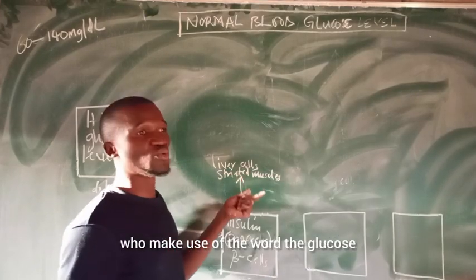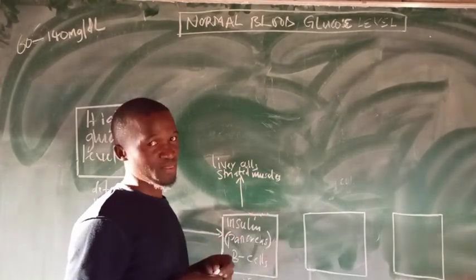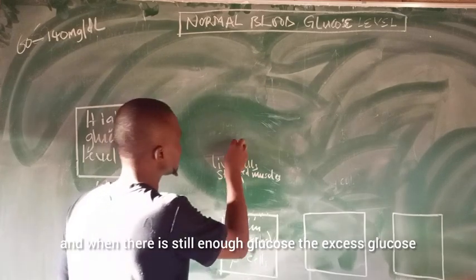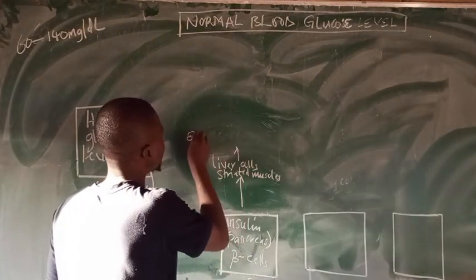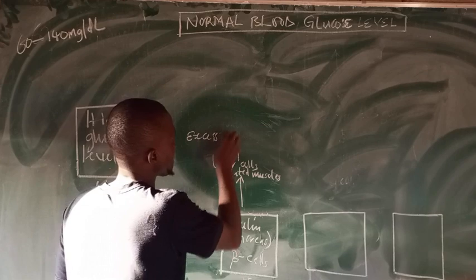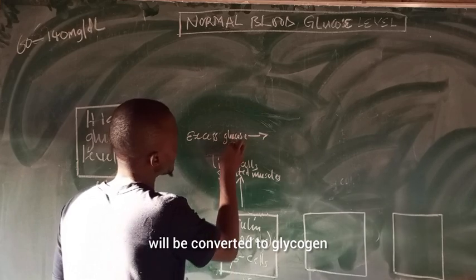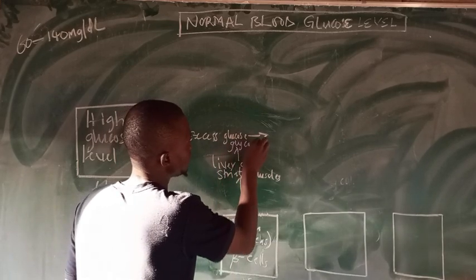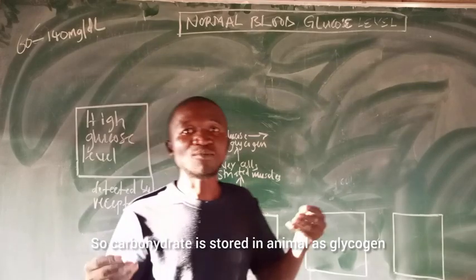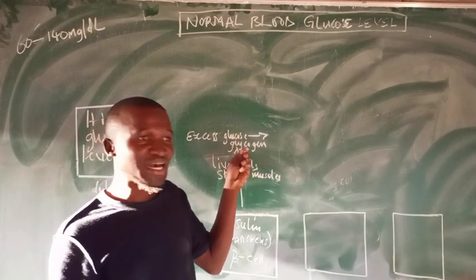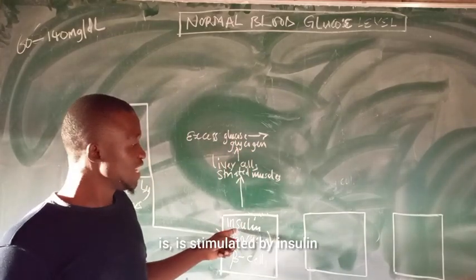Now these cells will make use of the glucose. And when there is still enough glucose, the excess glucose will be converted to glycogen. So carbohydrate is stored in animals as glycogen, and that is what just happened here.